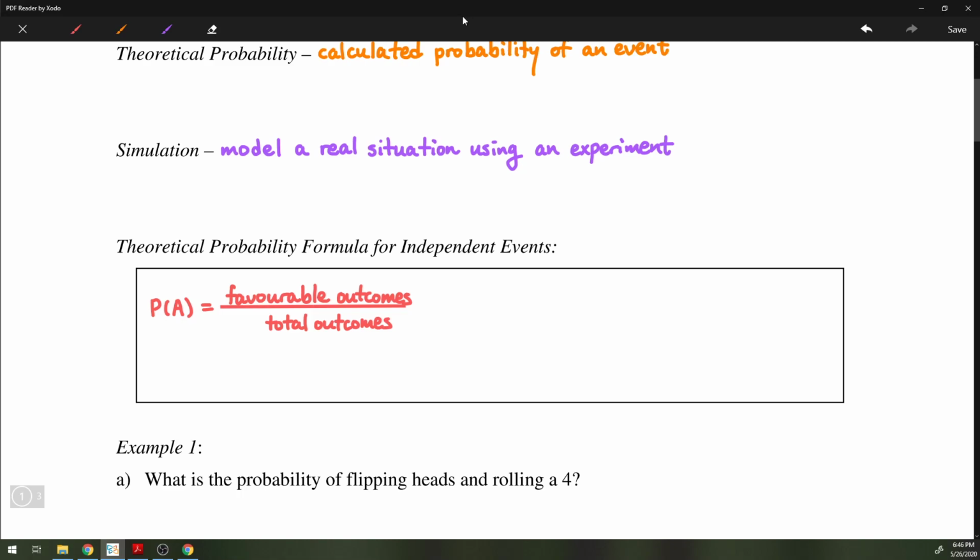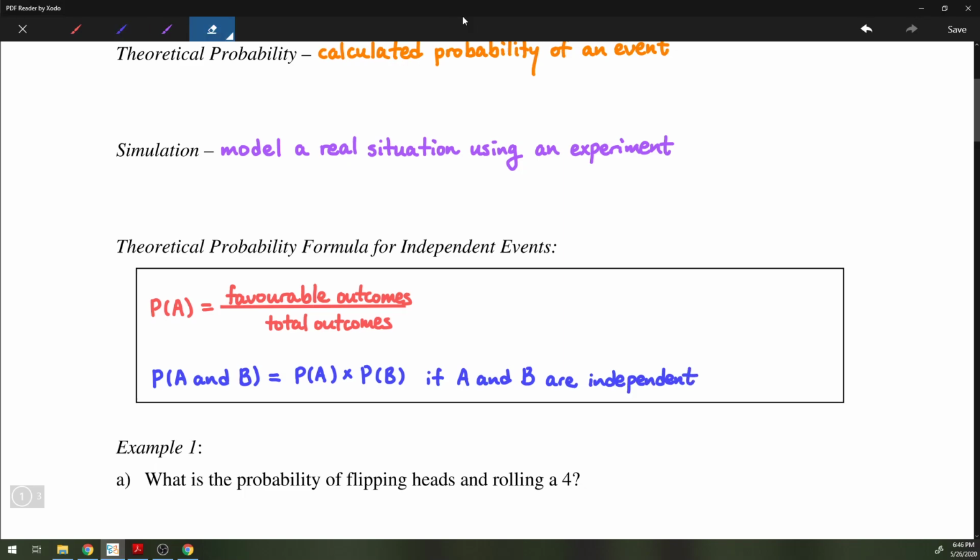Now, if you have multiple events and they are independent, so let's say A and B, then the probability of both of them happening will be the product of the individual probabilities.